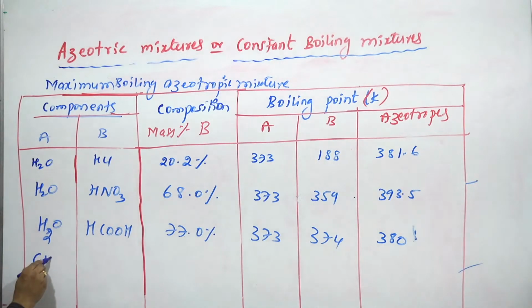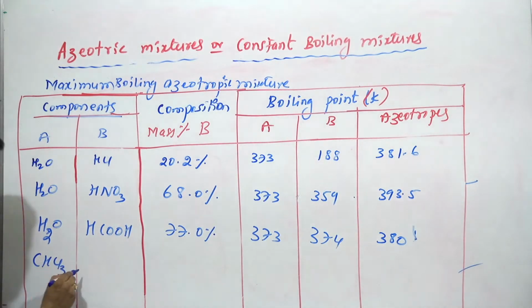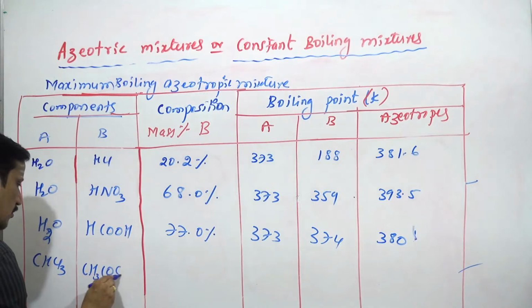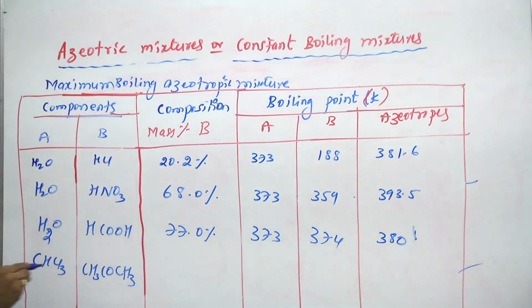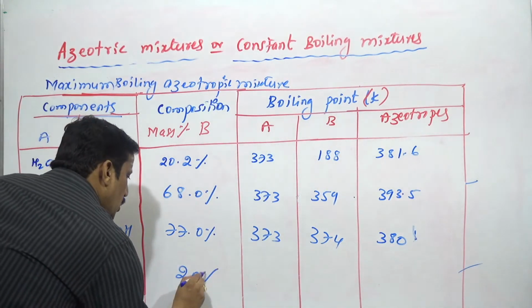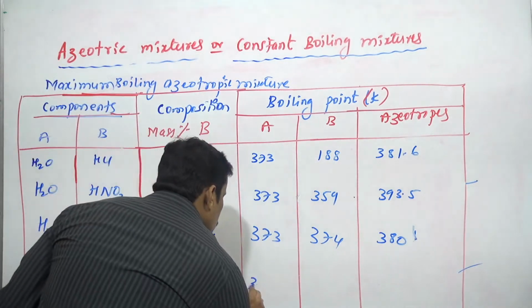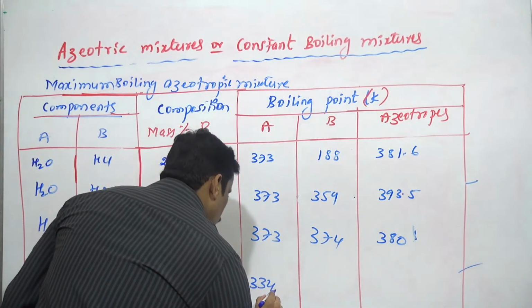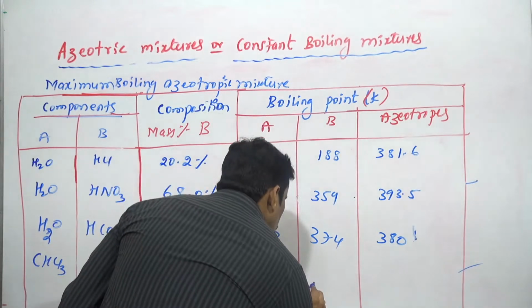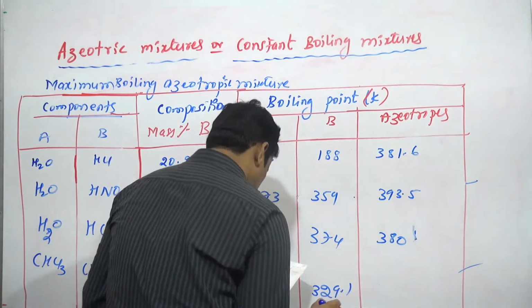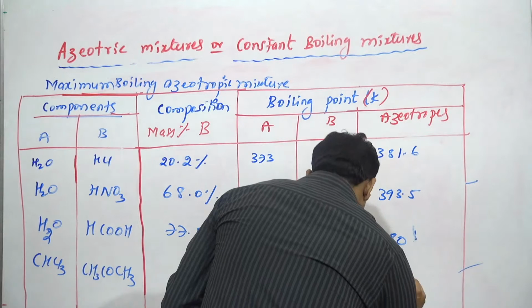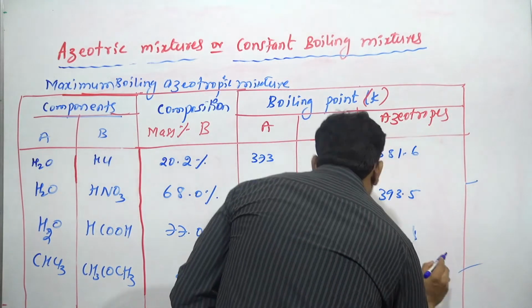Then we have chloroform and acetone, 334.2 Kelvin, 329.1, and 337.7.